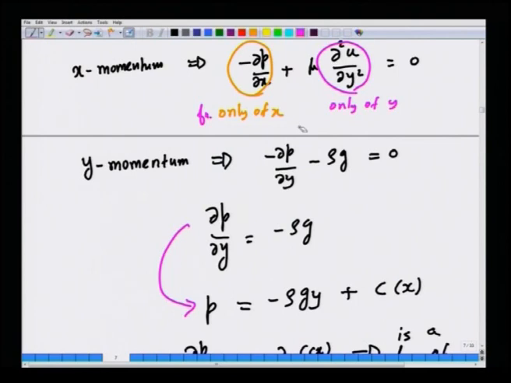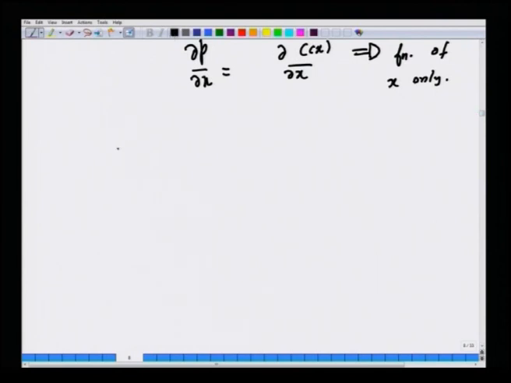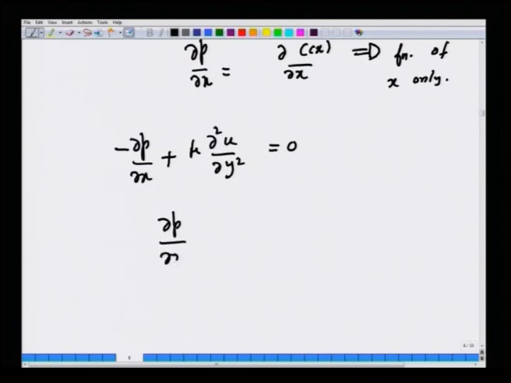That means that each has to be equal to a constant, or partial p partial x is a constant. So, let me write down here minus partial p partial x plus mu partial squared u by partial y squared is 0, but partial p partial x is a constant.